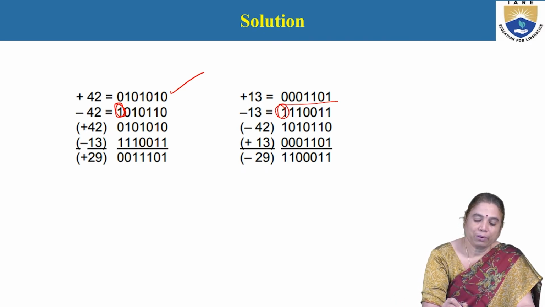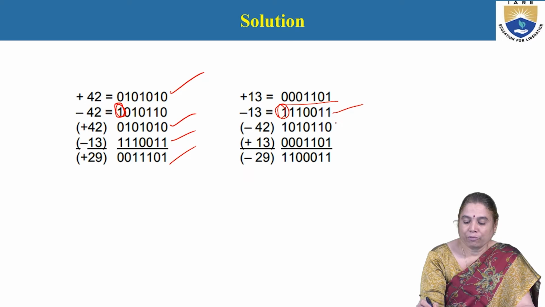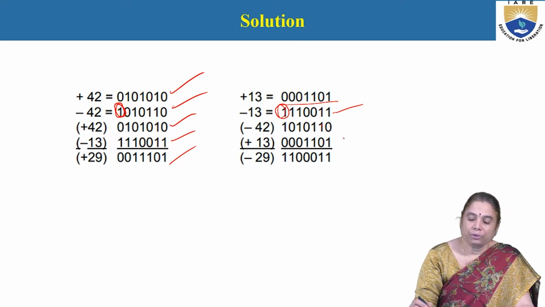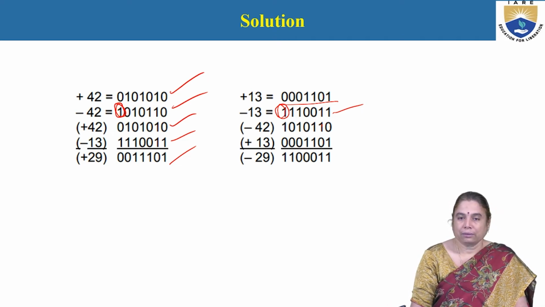So the first problem is plus 42 minus 13. So the binary value of 42 and the value of minus 13 are considered and added. And in the case of minus 42 plus 13, the minus 42 value and plus 13 value are taken and the addition is performed. So with the 2's complement addition, the subtraction can be carried out.